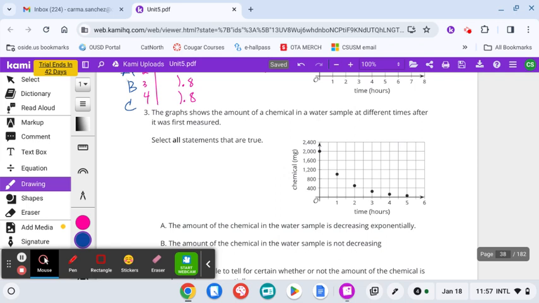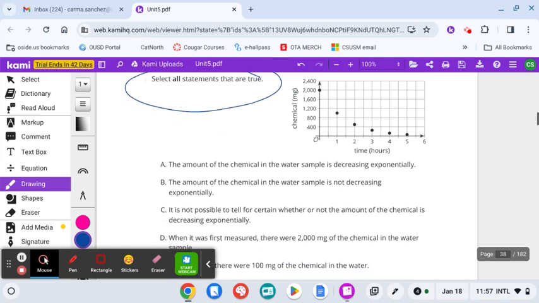The graph shows the amount of chemical in the water at different times after it was first measured. Select all the statements that are true. So letter answer choices A, B, and C. The amount of chemical in the water is decreasing exponentially. The amount is not decreasing exponentially, or it is not possible to tell.